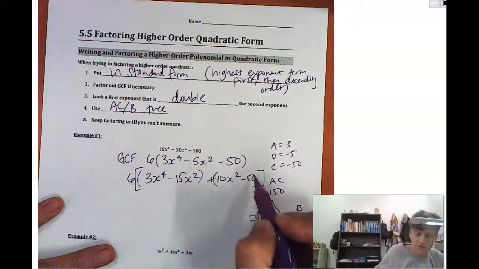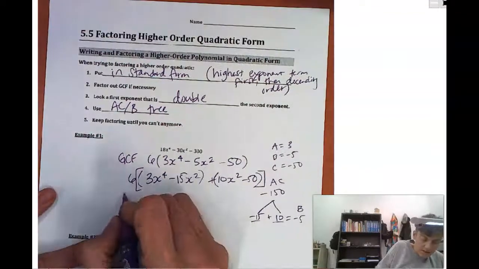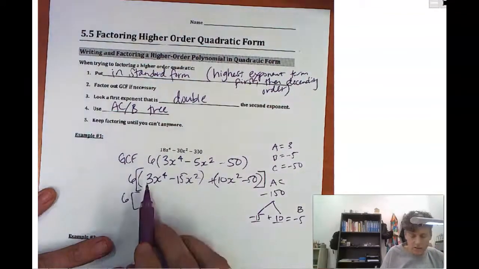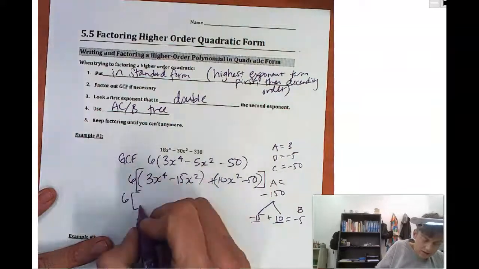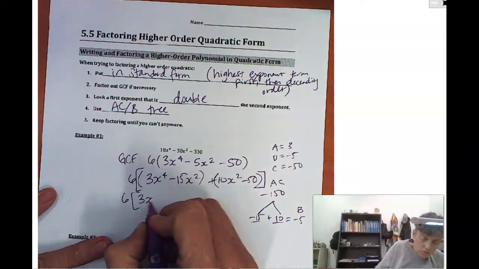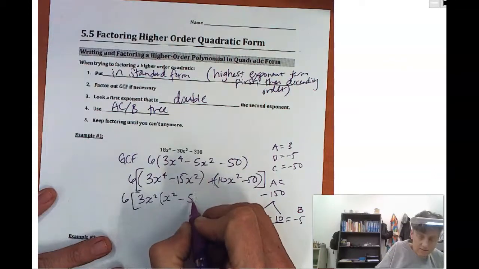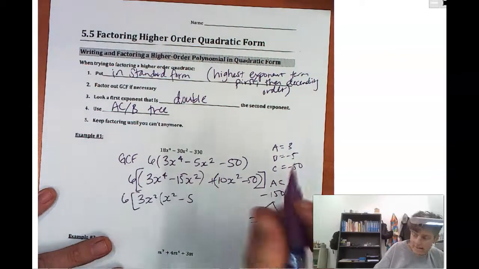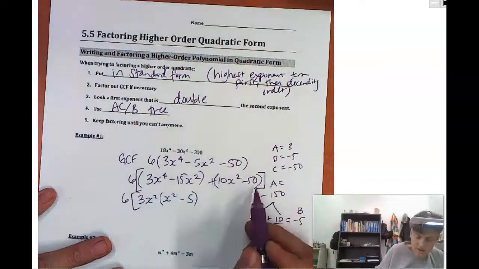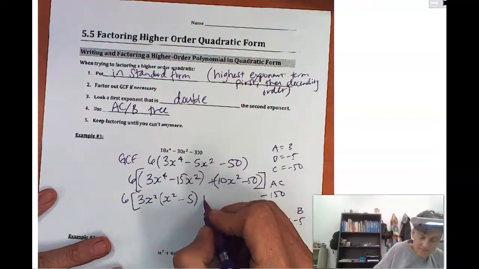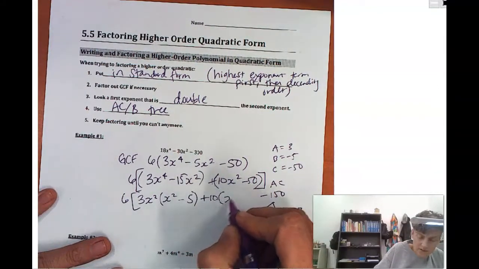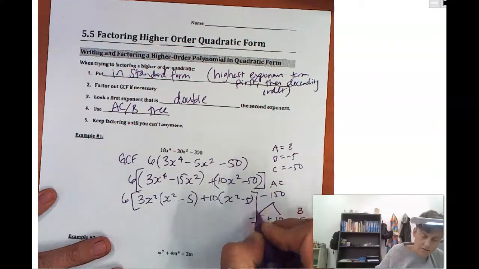Okay, so we kept the first term, kept the last term, split the middle term, and then we'll group the first two and the second two, and take out a GCF of each, which here we could take out a 3x squared from both and be left with x squared minus 5, right? And here we can take out a 10 and be left with x squared minus 5.